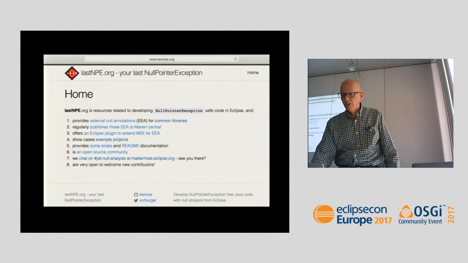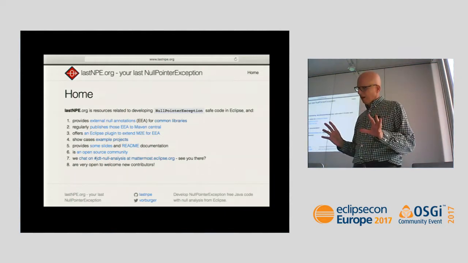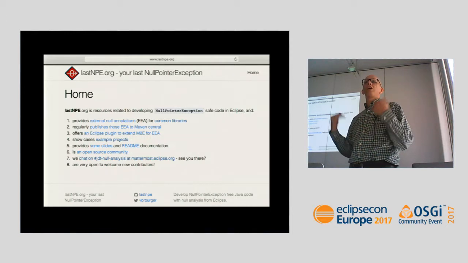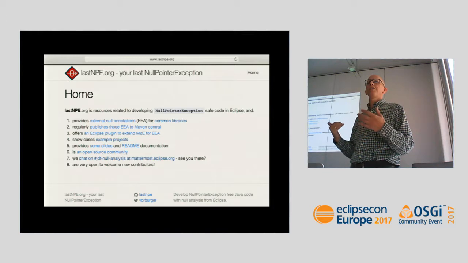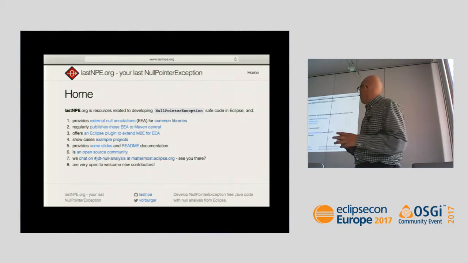I just want to give a short update for those who were here at last year's EclipseCon and the presentation from Michael Vorburger. Was anybody there? He showed some Maven tooling especially, and also some M2E tooling to automatically configure the external annotations and the compiler settings in the Eclipse workspace.